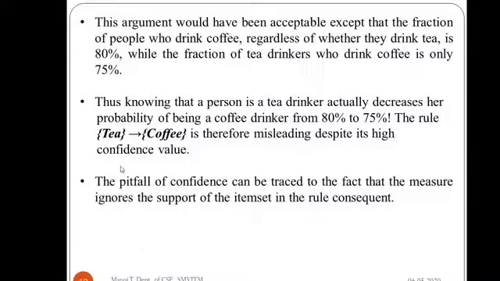So this argument that people who drink tea also drink coffee would have been acceptable if the fraction of people who drink coffee regardless of tea was low. Why are we making that point?